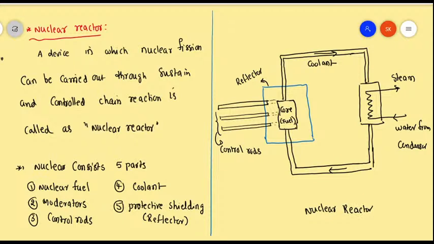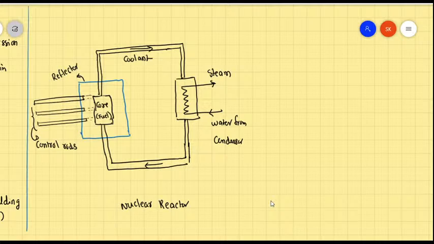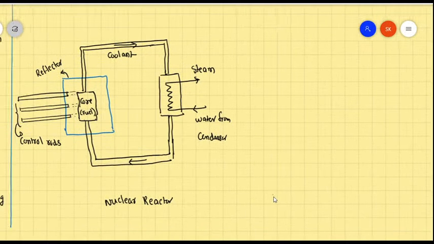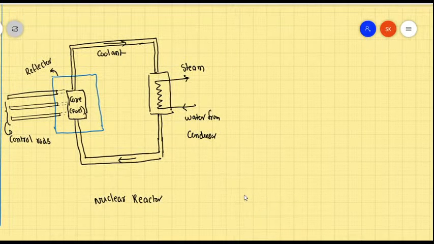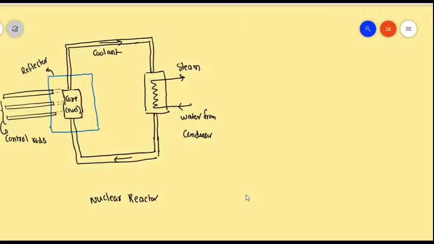Now let us start with its construction and working. I will explain the parts one by one, and how it works also. Okay, you listen very carefully. We are discussing the nuclear reactor.